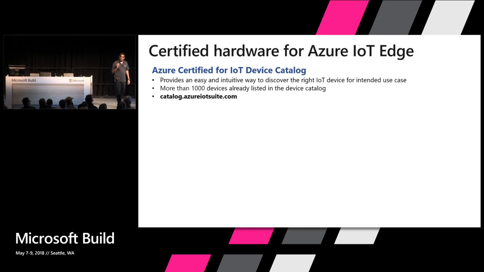Okay, so now how do we ensure, given there is a big spectrum of devices here, that you can get your hands on the right device which is right for your scenario, has the right security if you require that, and so on. So right now we have something called the Azure IoT Device Catalog, which lists like 1,000 or so devices, which is sensors and edge devices and gateway devices and so on.